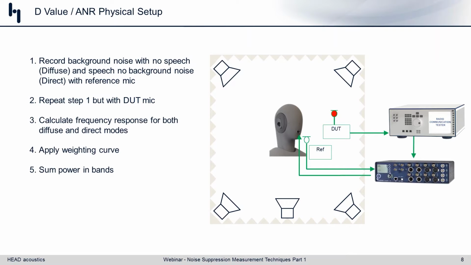Now, before we get too excited about this, I want you to think about modern devices with built-in noise suppressors and how such a device would hold up in a noisy environment with no near-end speech, which is the test method for both D-value and ANR. And you think about how easy it might be to manipulate these metrics with modern technology.